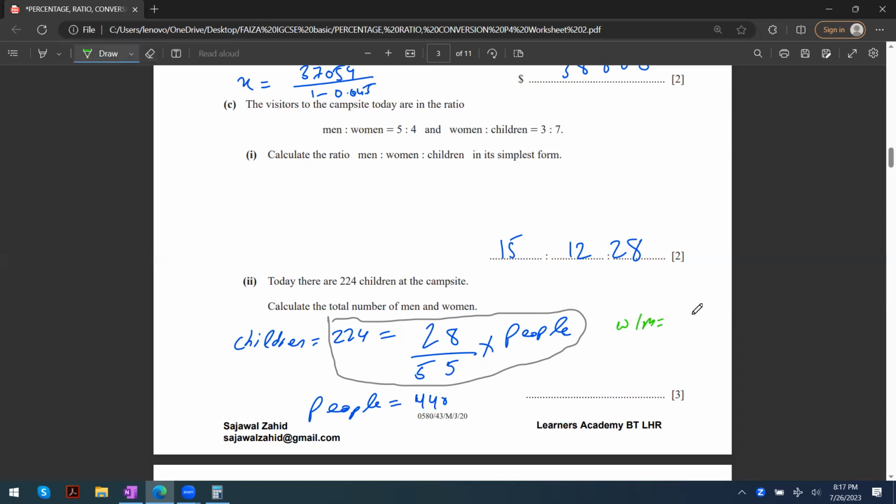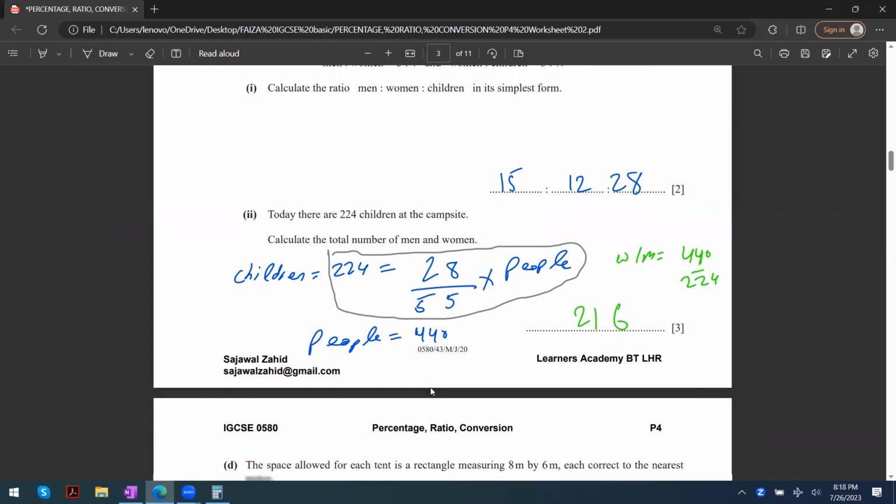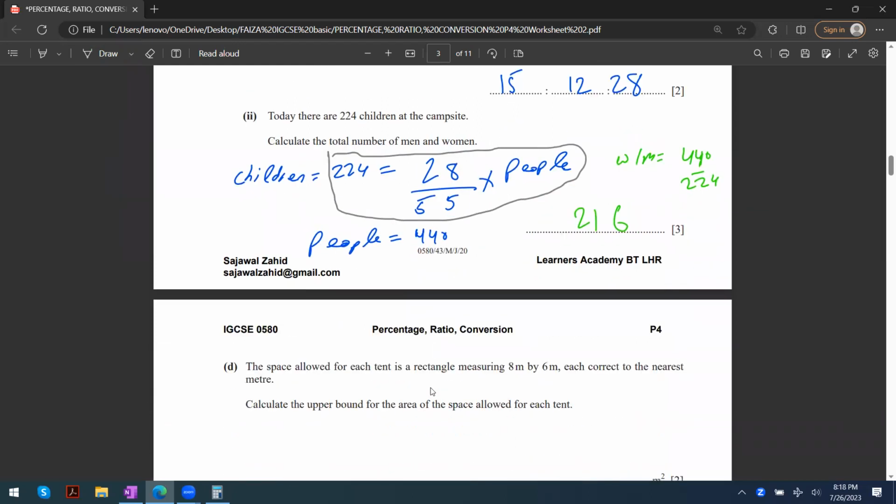Women and men is equal to 440 minus 224, which is 216. So these are the women and men. Because we have the combined ratio, we can do the total of that also. Okay, I hope it's clear.